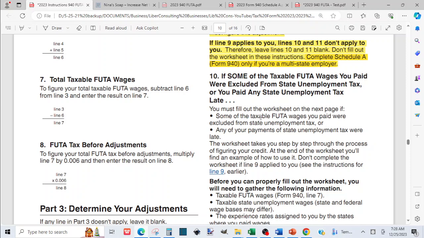The worksheet takes you step by step through the process of figuring your credit. At the end of the worksheet, you will find an example on how to use it. Don't complete the worksheet if line 9 applied to you. Before you can properly fill out the worksheet, you will need to gather the following information.